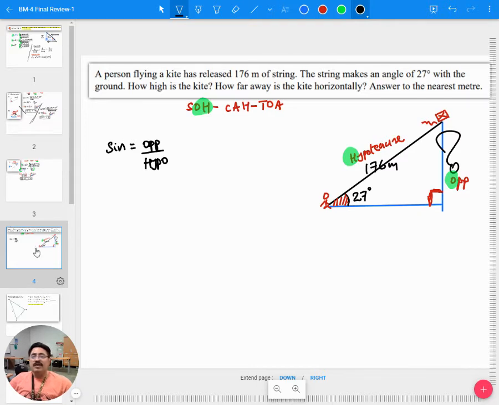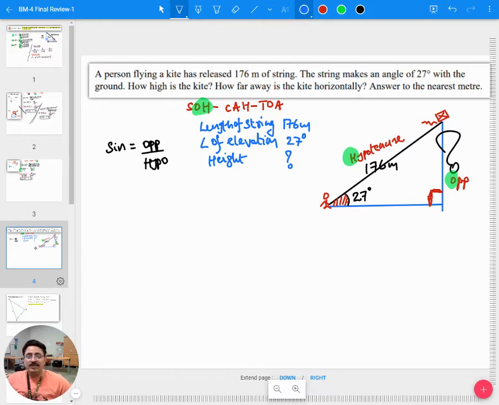First, the length of string is given as 176 meters. The angle of elevation is 27 degrees, and the question is what is the height.